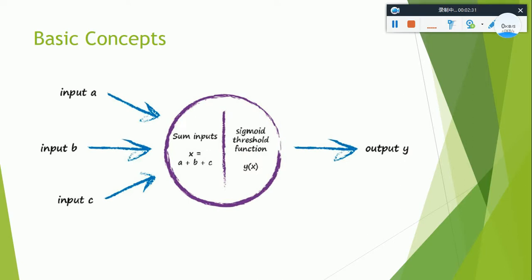Okay, the basic element of a neural network is a neuron. A neuron receives multiple inputs, weights the inputs, and sums them up. Then it applies a threshold function to the adjusted input and outputs y.